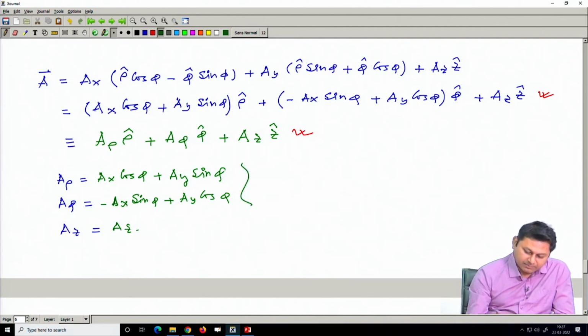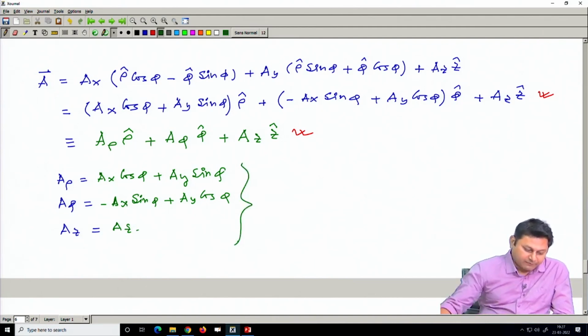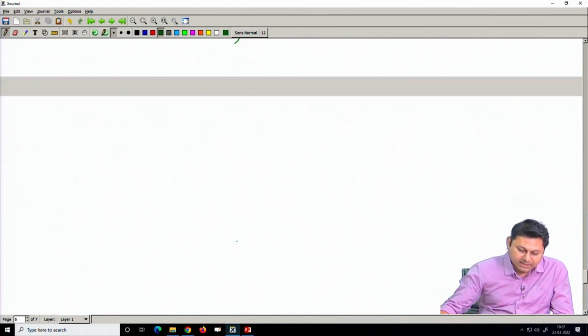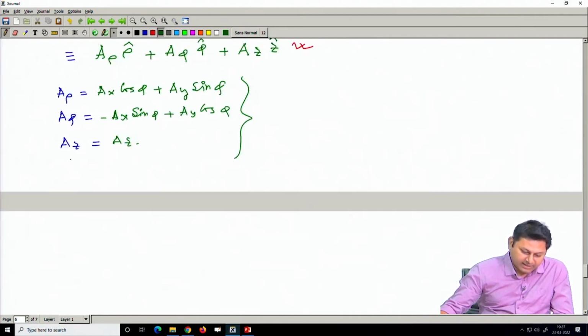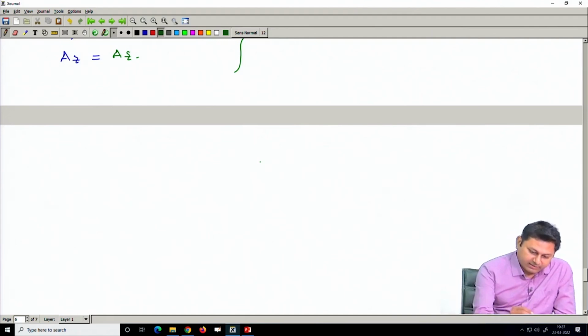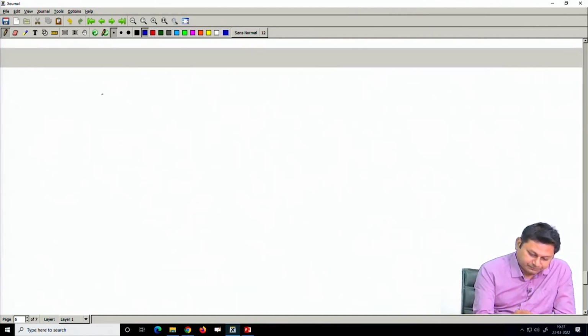So, these relationships I figured out, and from them I can put everything in matrix form. A rho, A phi, A z, I can write in this matrix form, which is this.